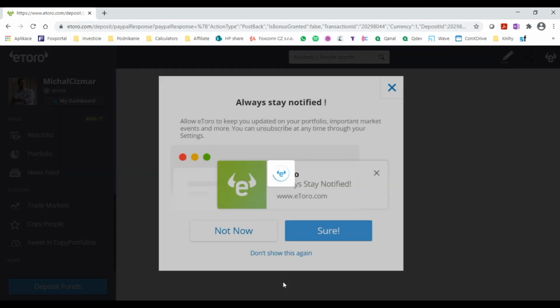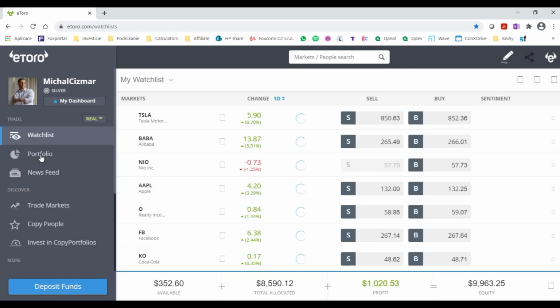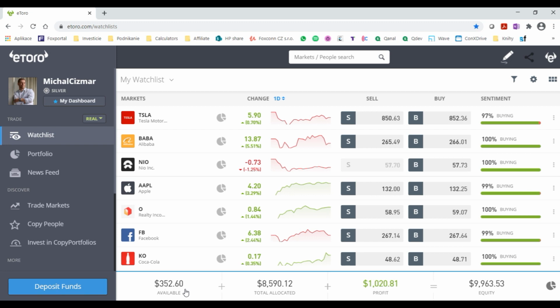And so again, no confirmation message needed for this type of transfer. So we can see that your deposit has been proceeded successfully. So let's check the account. Before that I had $52 and right now I have 352.